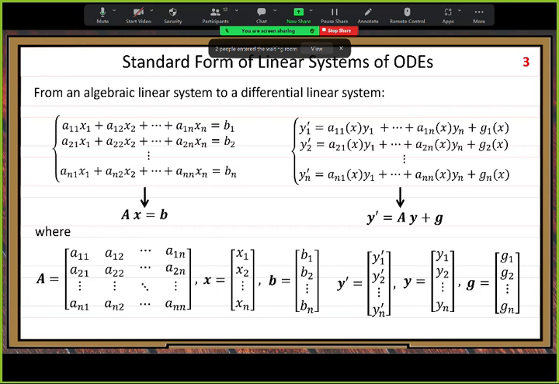So all these we call vector valued functions. These vectors are also functions, but they are vector valued functions.